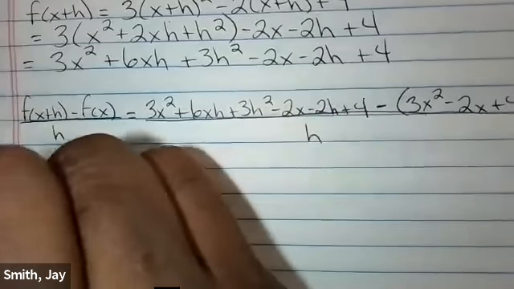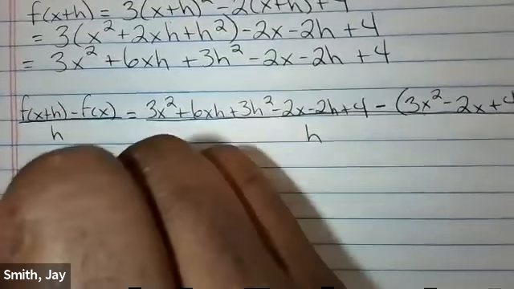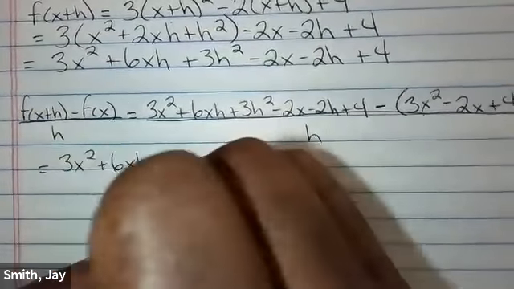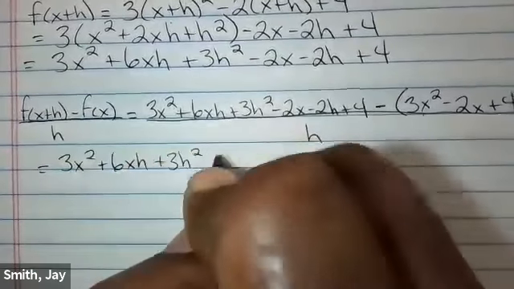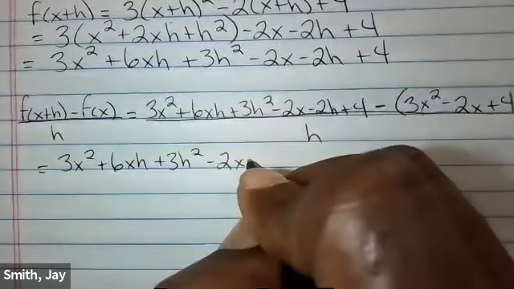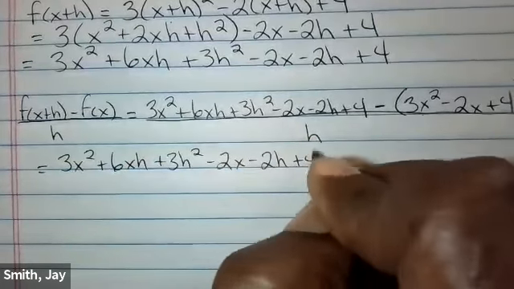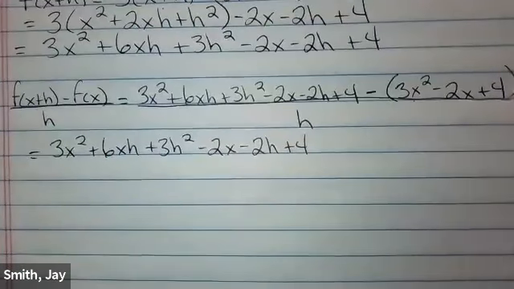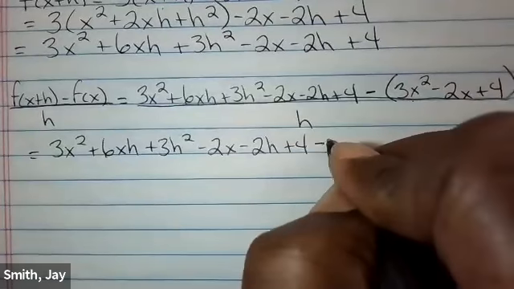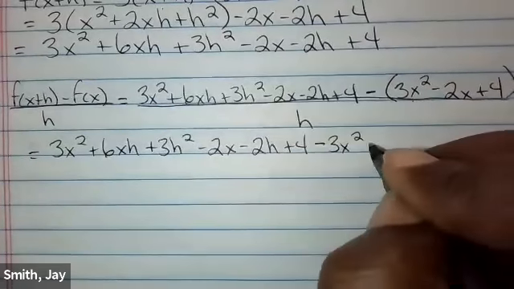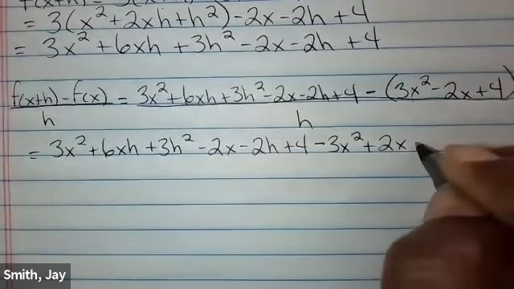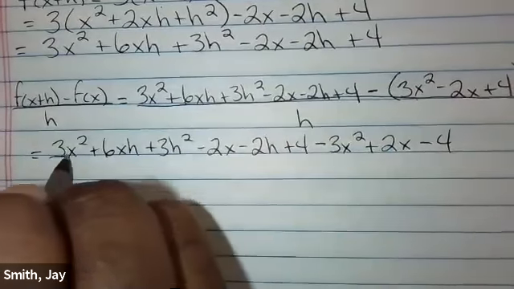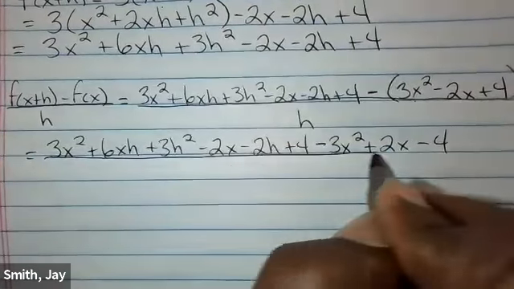It's simply 3x squared plus 6xh plus 3h squared minus 2x minus 2h plus 4, and then simply going in and changing all these signs. What was positive becomes negative and vice versa. So this will become a negative 3x squared plus 2x minus 4. All of this is still divided by h.